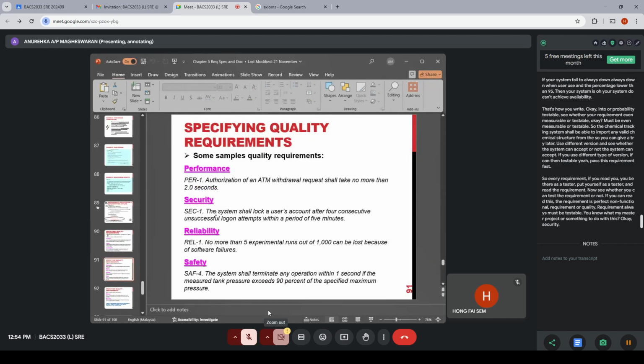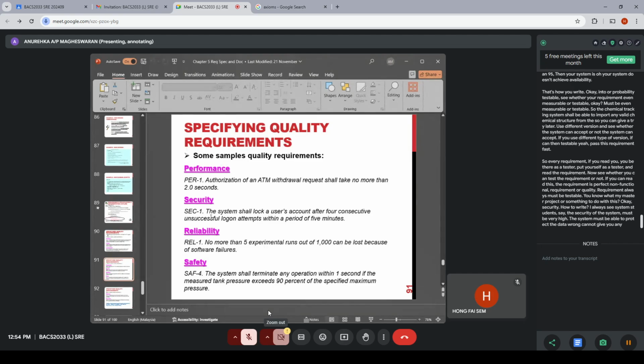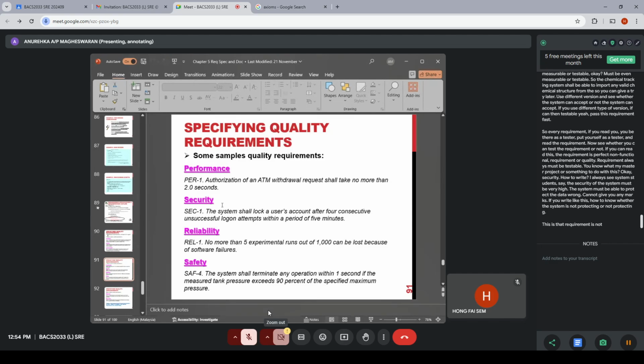Security, how to write? I always see students say the security of the system must be very high, or the system must be able to protect the data. Wrong. I cannot give you any marks if you write like this. How do you know whether the system is protecting or not? That requirement is not testable.